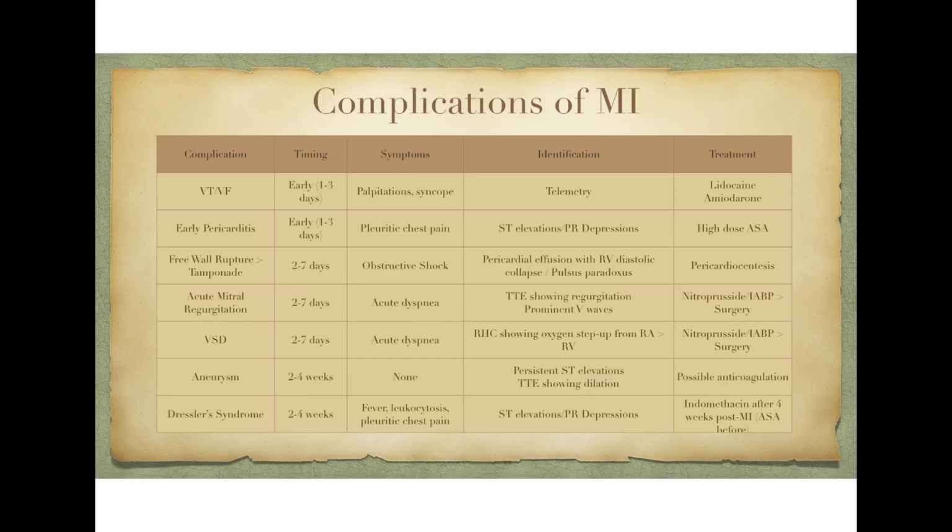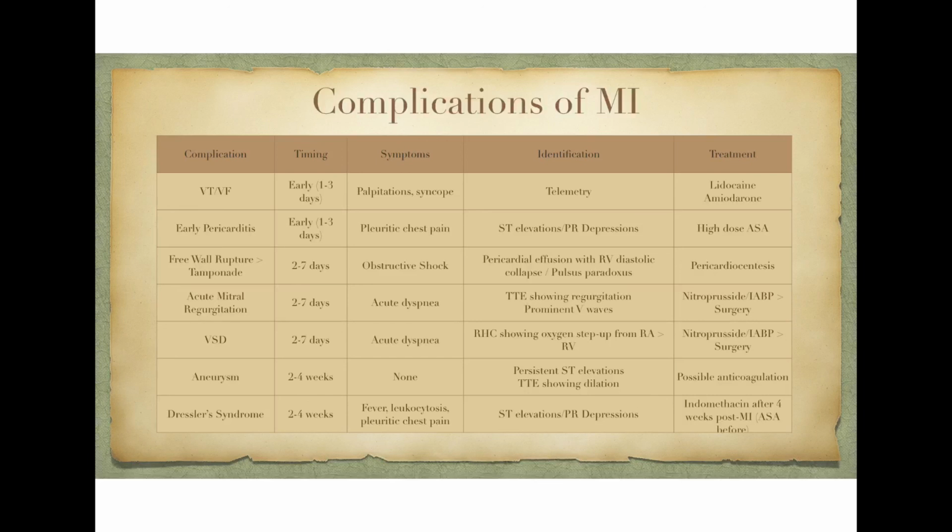Finally, it's very important for any internist to recognize some of the common complications of MI, how to recognize them, and how to treat them. So in the early days following a myocardial infarction, one of the most fatal events that can occur is an arrhythmia, especially ventricular tachycardia or ventricular fibrillation.